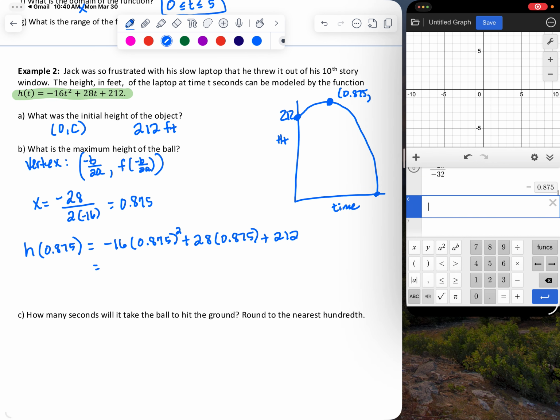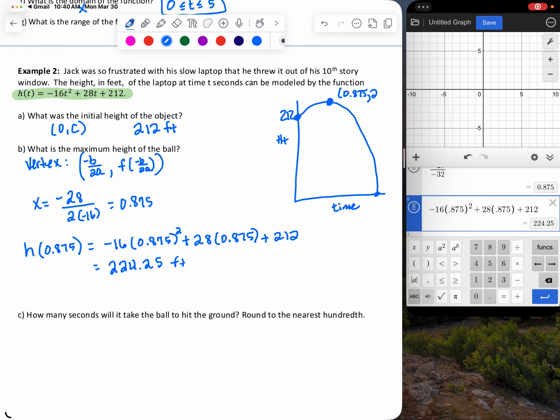All right, now we'll evaluate that on our calculator. Negative 16, parentheses, 0.875, parentheses squared, plus 28, parentheses, 0.875 plus 212, and that gives me 224.25 feet.